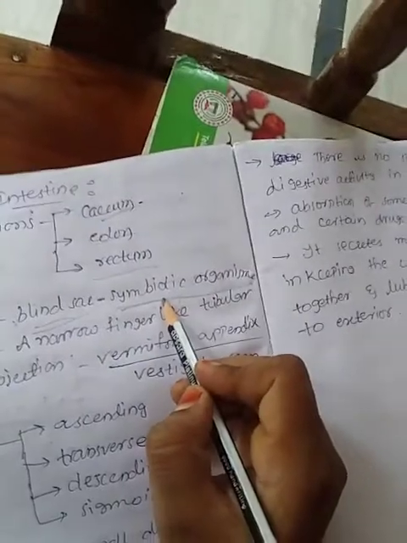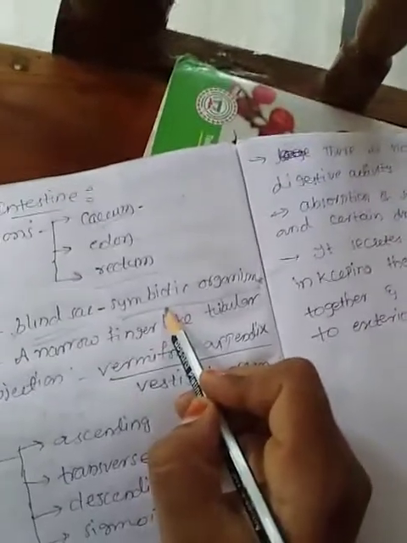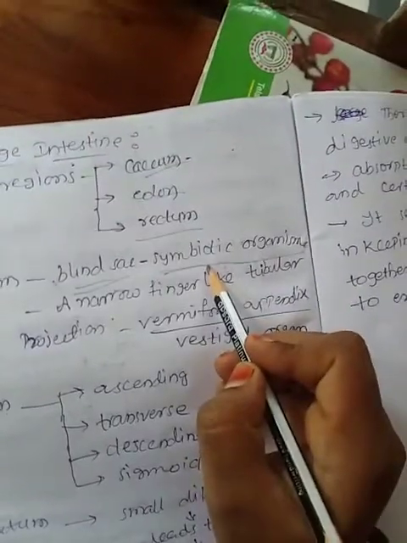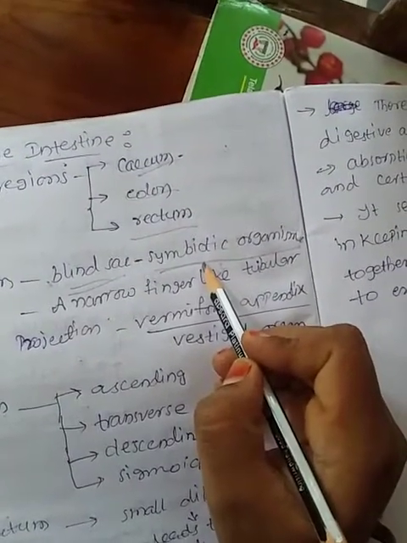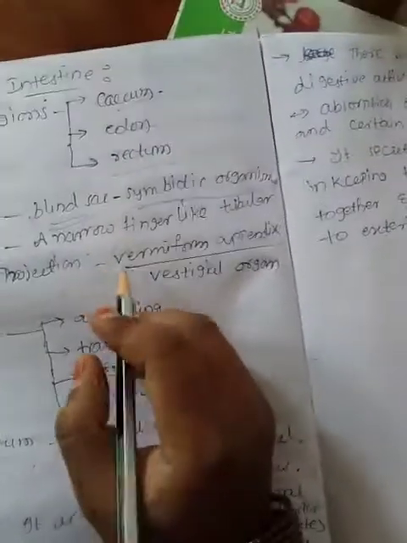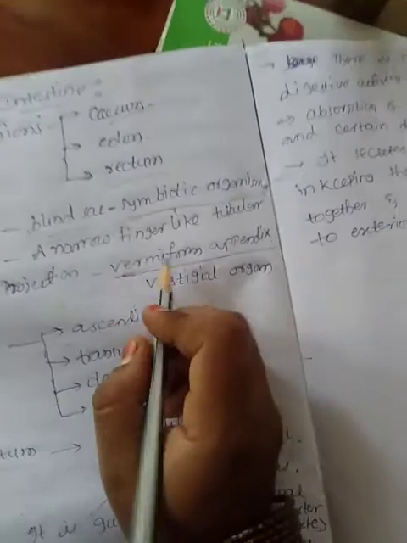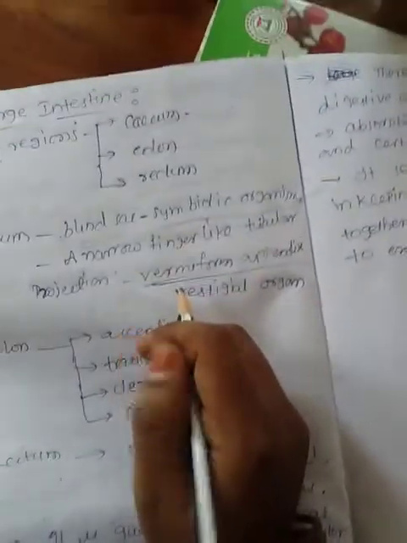These symbiotic organisms help us in digestion of the food. Next, cecum also has a narrow finger-like tubular projection, that is the vermiform appendix. The vermiform appendix is a vestigial organ in human beings.